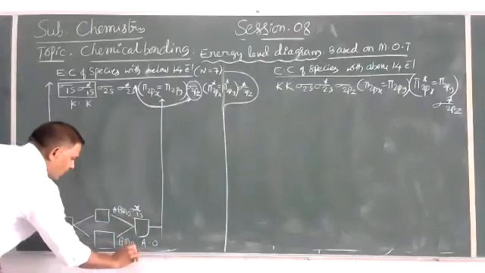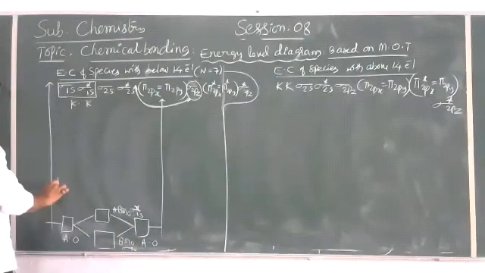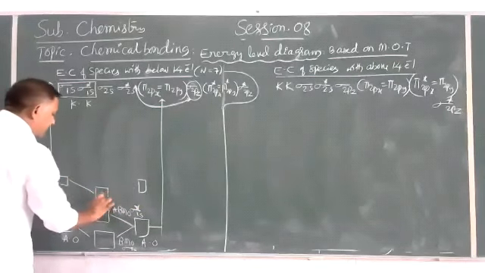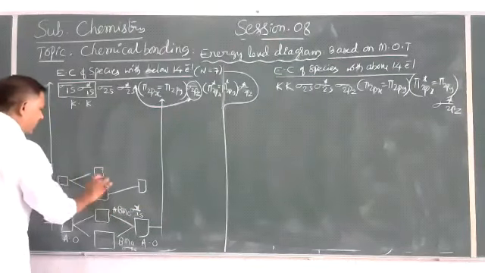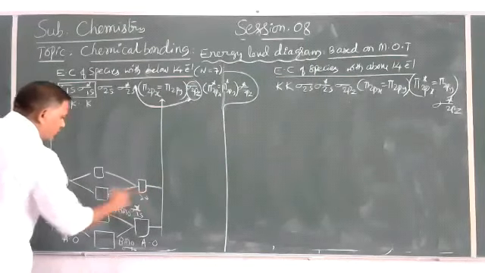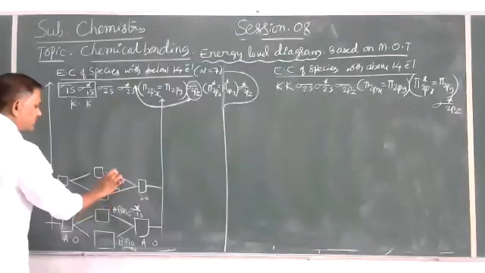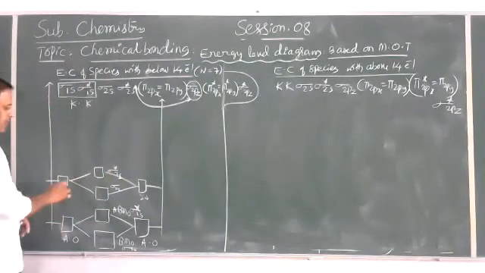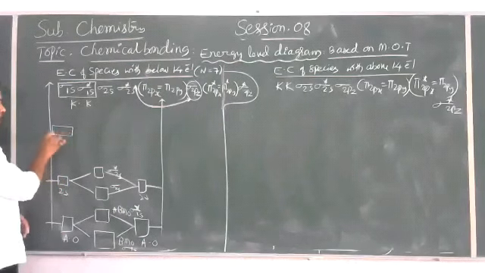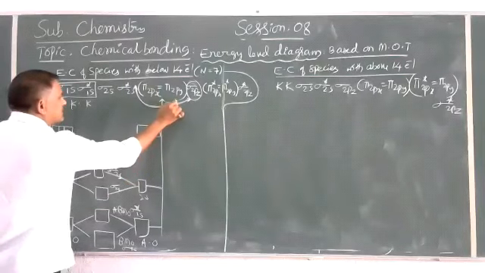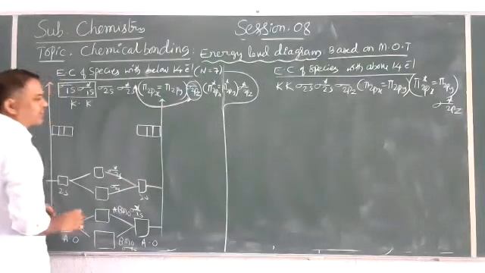This is 1s. Similarly, it is 2s. The next higher energy level is 2s. This is the 2s and 2s atomic orbital, giving sigma 2s and sigma star 2s, the anti-bonding. After 2s, it is 2p. Here also 2p, where Z is considered as the internuclear axis.